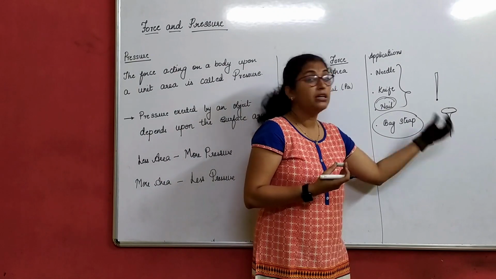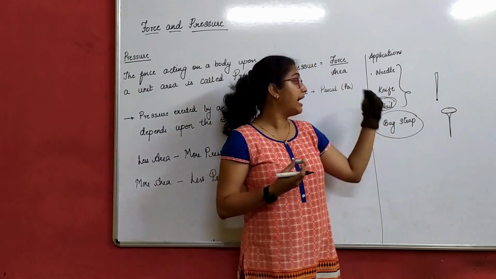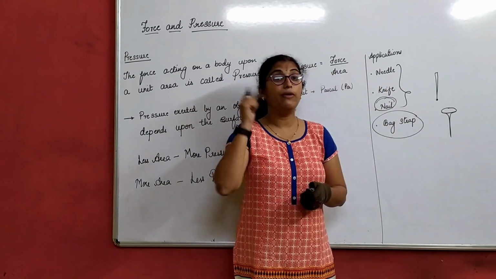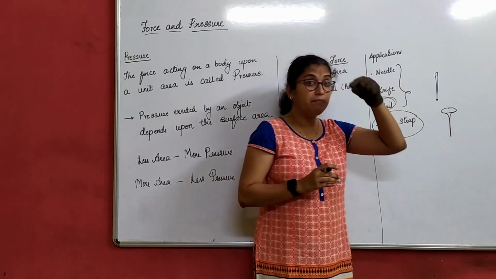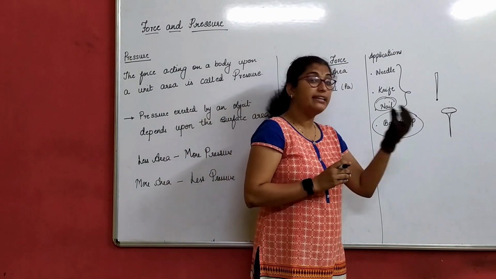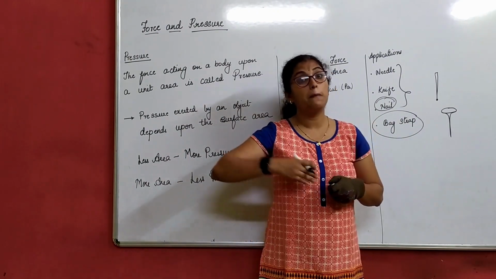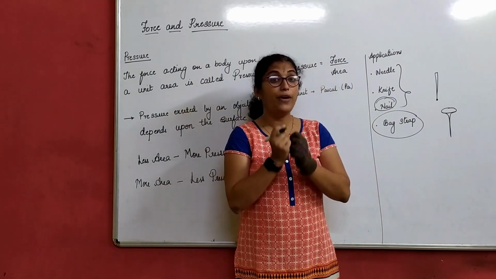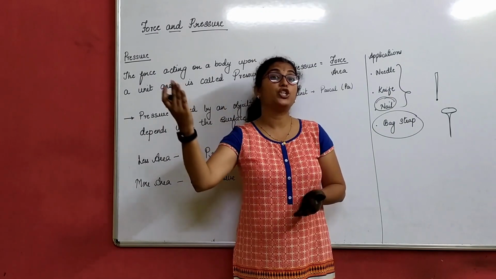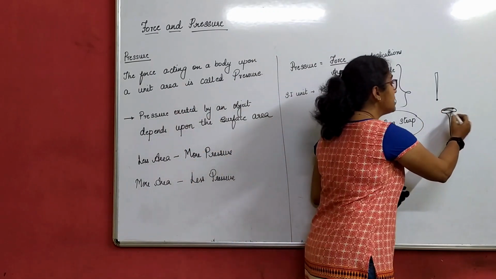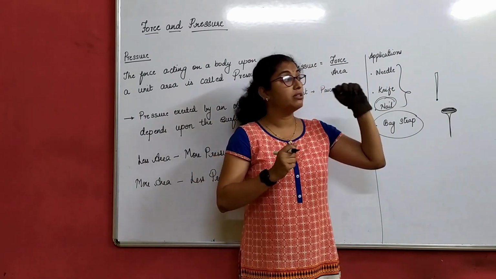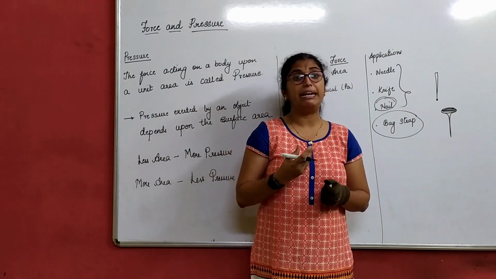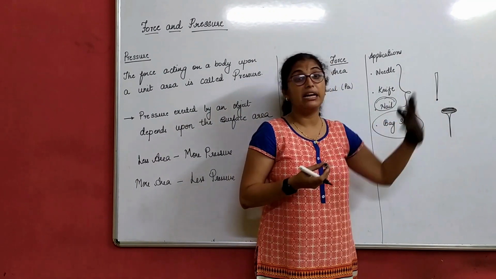If you have to hammer the nail into the wall, when you hammer it on the blunt side, the area taken by that sharp or pointed end is very less. That means pressure is more. Wherever the area is less, pressure is more. If I am using this other part for hammering, it will not get into the wall. That means the pressure applied is less because the area is more.